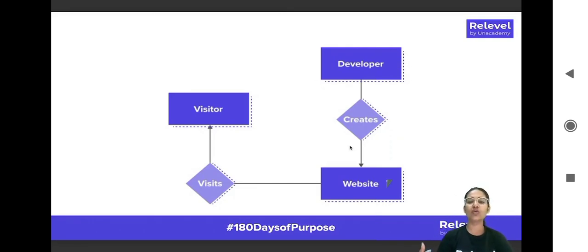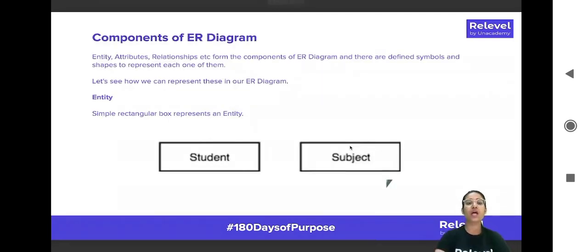Now we are going to understand a few key components around it. You must be seeing we have some rectangular boxes, we have some pentagon, diamond kind of boxes, right? So we'll understand what is the meaning and what are the key things you need to understand to actually make an ER diagram. All right, so let's quickly get started on that. First, like I said, we'll talk about the components.